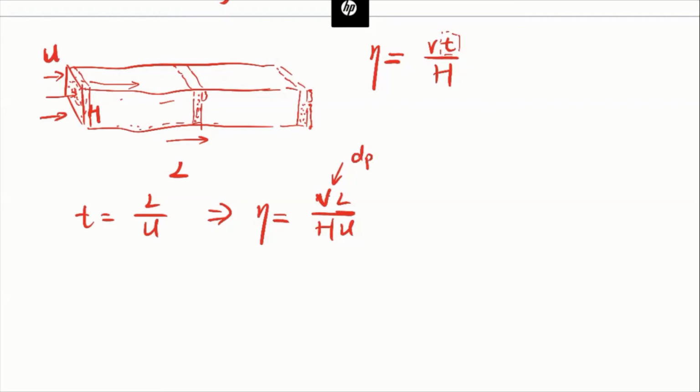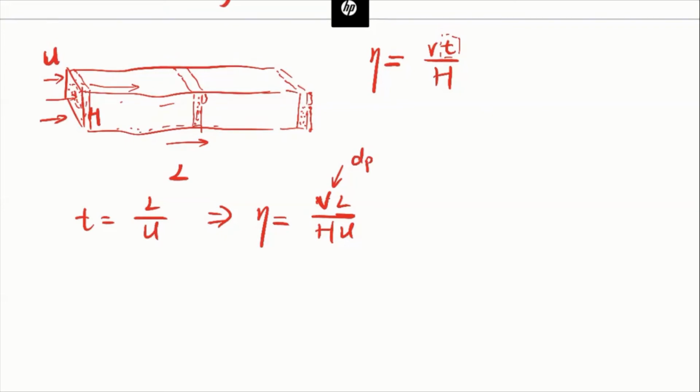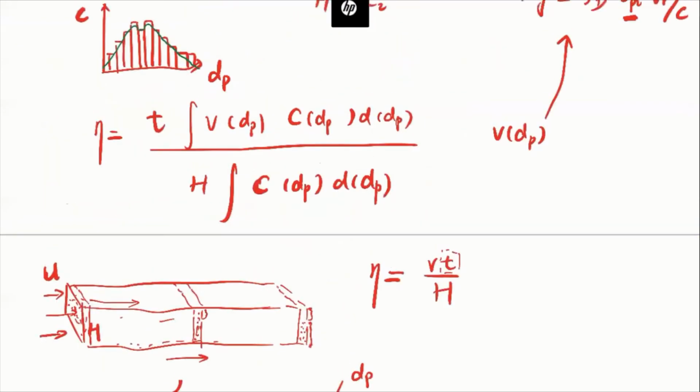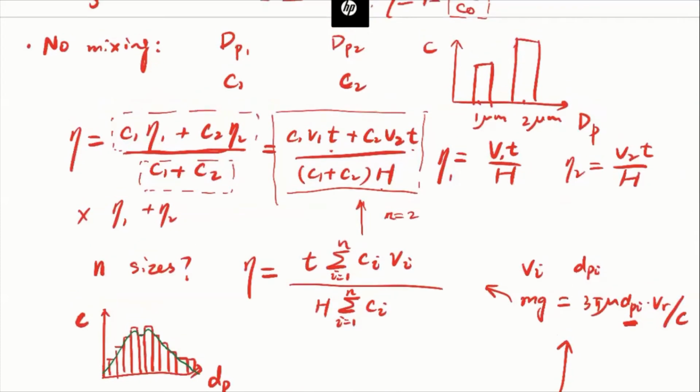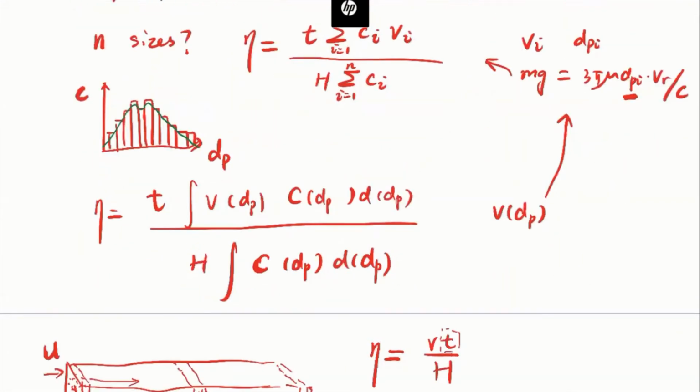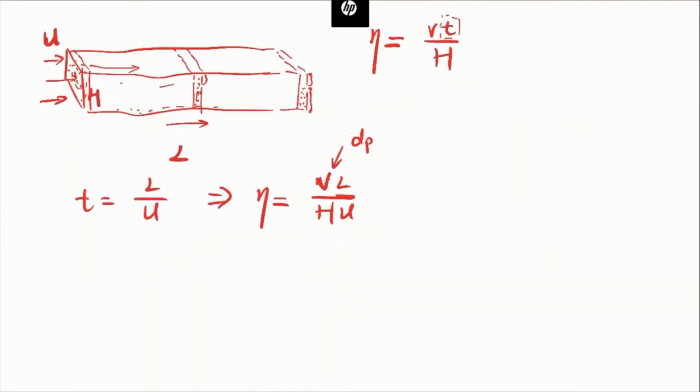So if you have particles with 2 different sizes, 3 different sizes, or n different sizes, you can use the same method here, right? If you have 2 different sizes, you can plug in the settling velocity with this concentration. If you have n different sizes, you can also use it in this way.